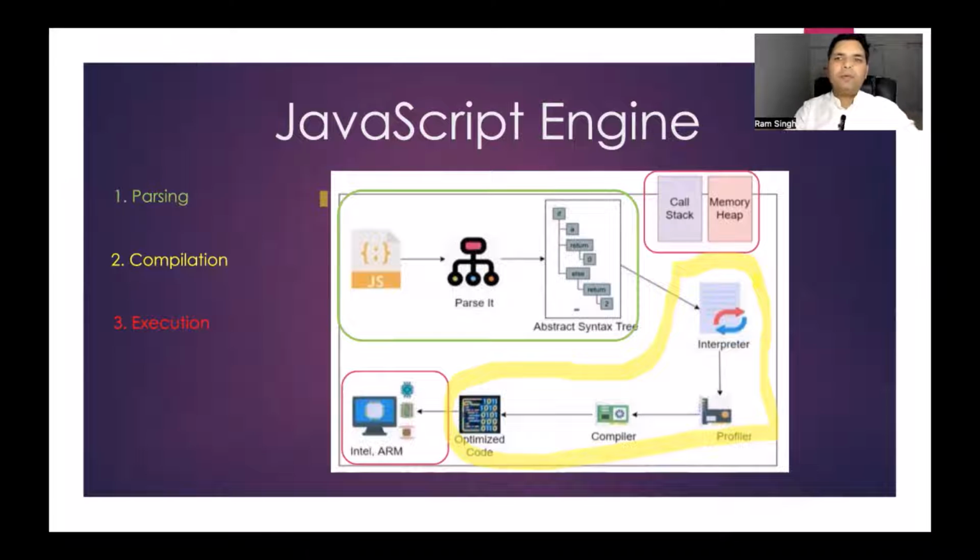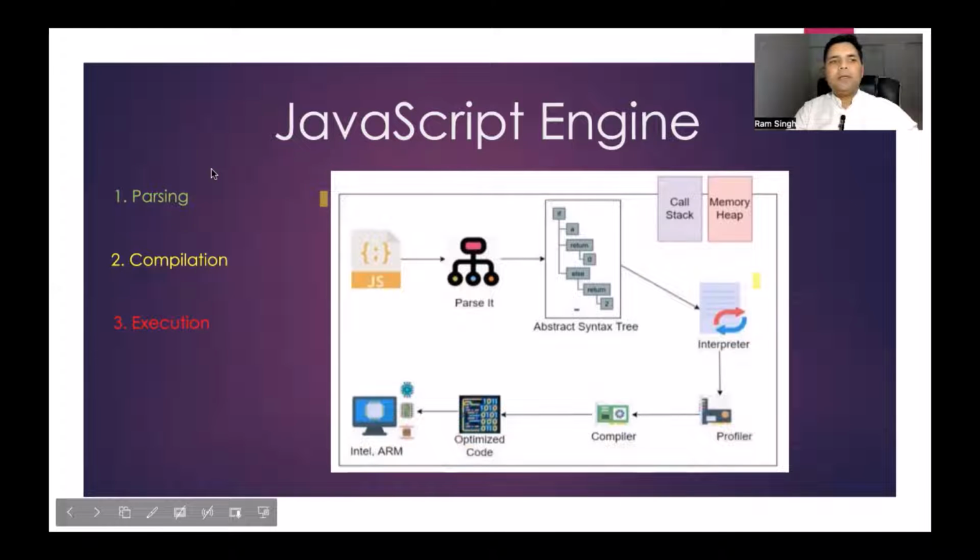Before going deep into the event loop, I want to connect this flow with the previous video, where I explained the JavaScript engine and covered its phases. I'll give a brief recap, and then we'll move on to the next phase.